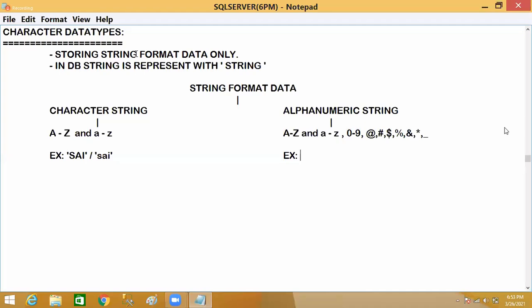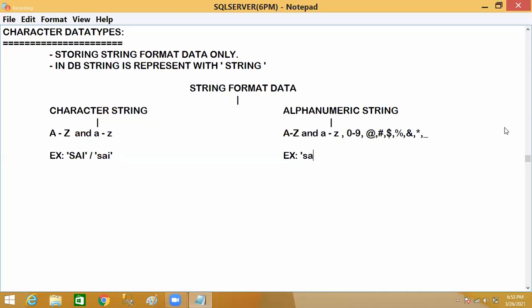Passwords, somebody keeps a combination of alphanumeric, and user IDs also we can create as a combination of alphanumeric. So these kinds of things come under alphanumeric.